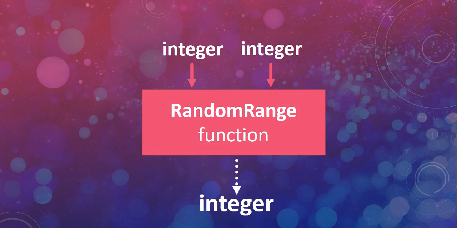So you need to look at a subprogram as like a mini program where the parameters, the values coming in the brackets, are like input. They're information that the function needs in order to do its job. And then it will send back an answer. It'll always send back one answer. So random range in this case will send back an integer. Okay, does that make sense?